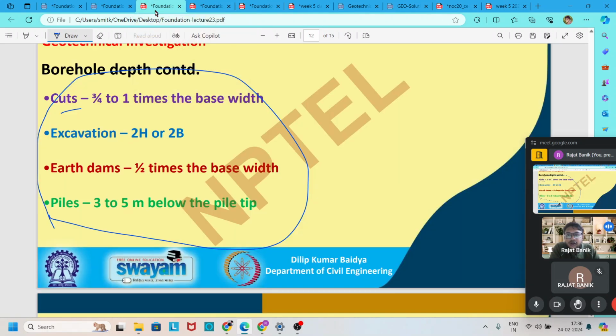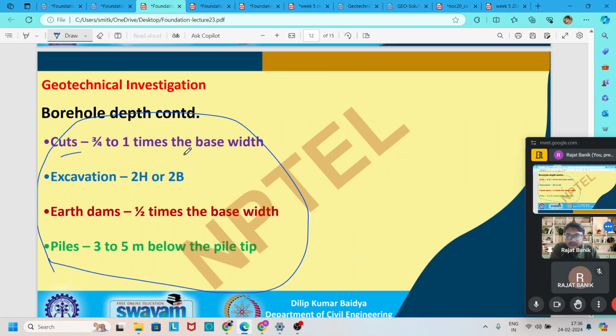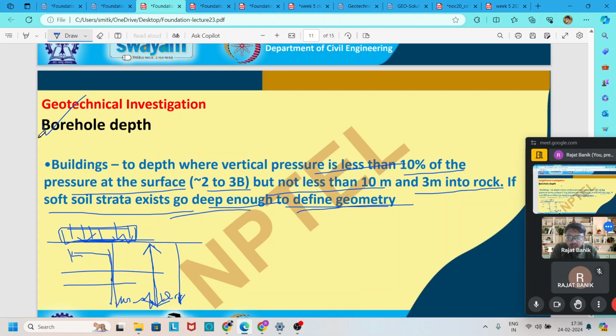We can go back to our lecture number 23, where the depth of borehole is given for different types of projects. For building, the depth of borehole is not less than the depth where the pressure is 10% of the pressure at the surface, or two or three times the width of the foundation, but not less than 10 meter for soil and not less than 3 meter for rock.